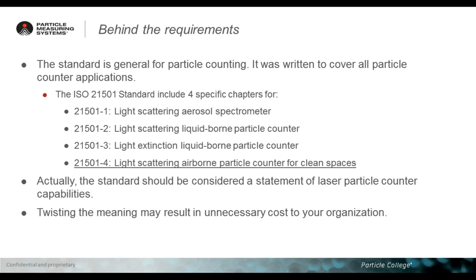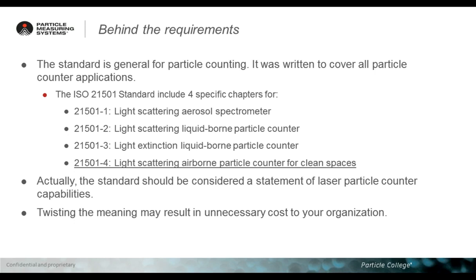As I mentioned before, the standard includes other chapters. We will be focusing on chapter 4 today, and this is actually considered the statement of laser particle counter capabilities. Twisting the meaning may result in unnecessary cost for your organization. What does it mean?